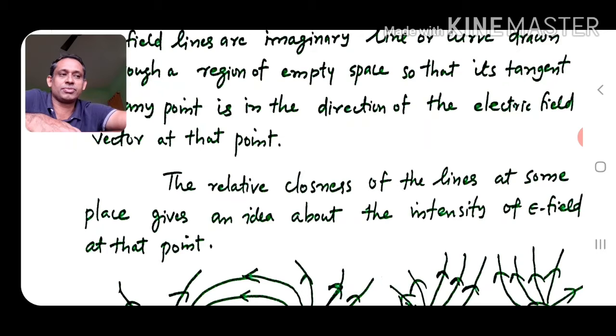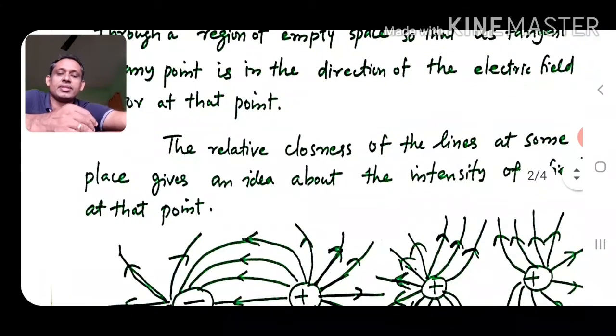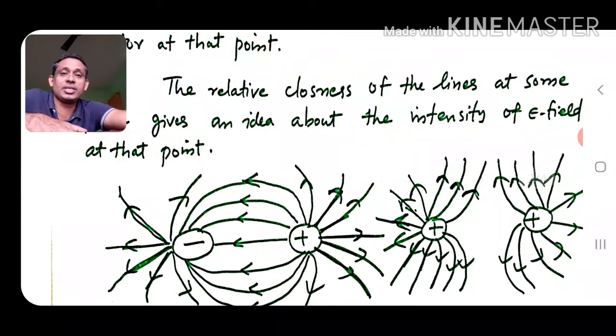In fact, if the electric field lines are very dense, very close together at some point, then that means the electric field intensity is large, or the electric field is very strong there. And if they are farther apart, the density is low, what that means is the electric field is weak there.